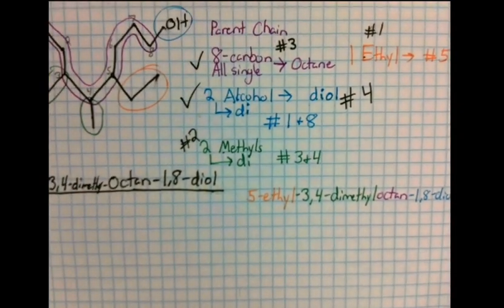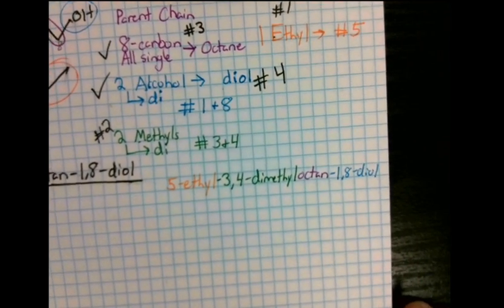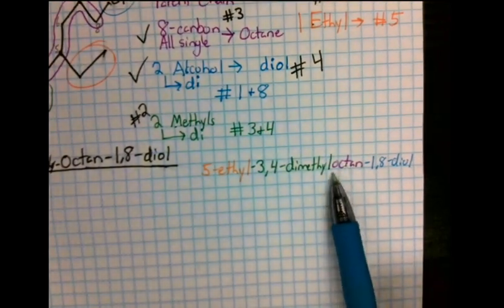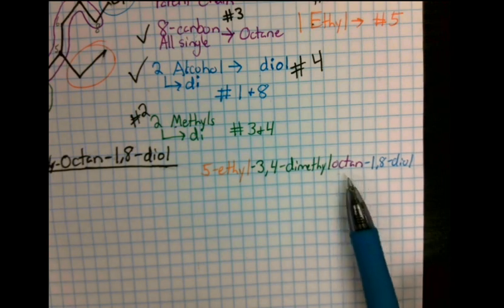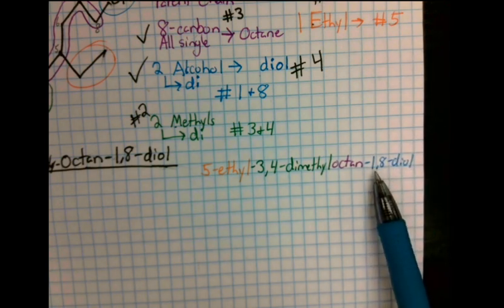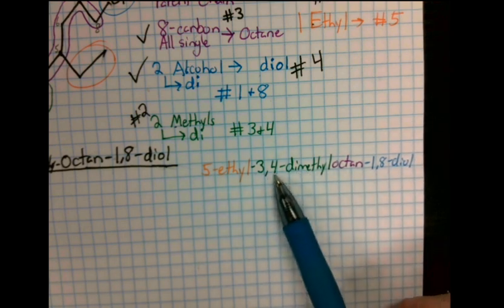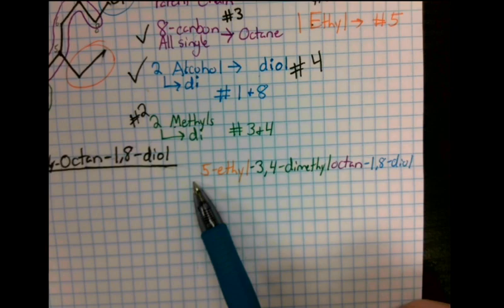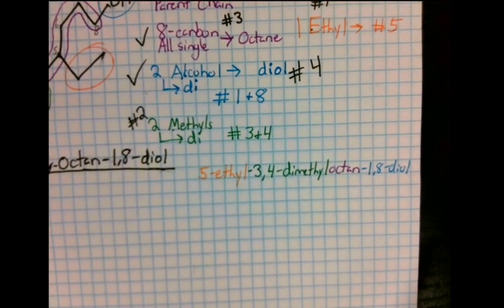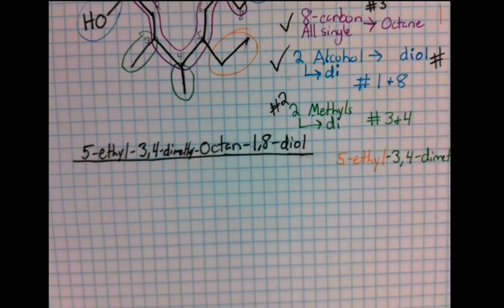So all of the information is given in the name. It is an 8 carbon chain made of only single bonds, so oct-an. On positions 1 and 8, there is an alcohol, so di, there are 2 alcohols. They are on positions 1 and 8. There are 2 methyls on position 3 and 4, and there is 1 ethyl on position 5. All of the information is pent up in this lovely, beautiful, very long name.